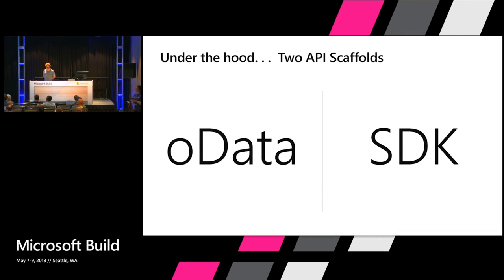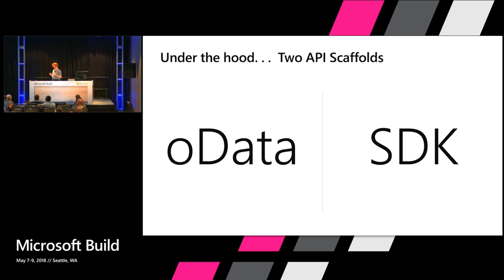So the other thing that I want to touch on is, you know, this is a developers conference. We've been spending a lot of time in the GUI together, pointing and clicking to design our data model, design our business rules, design our relationships. But everything that we're doing along the way is actually scaffolding APIs. And these APIs that we scaffold, we expose two endpoints.